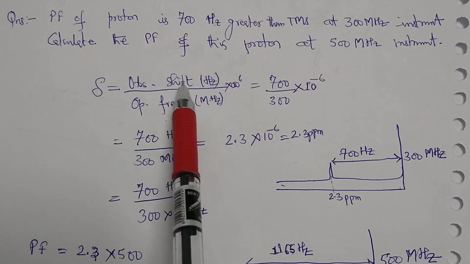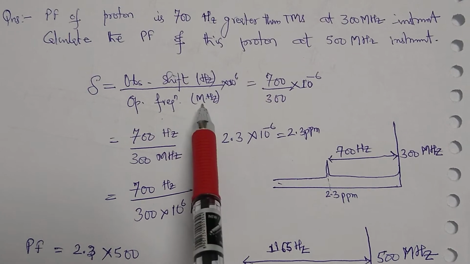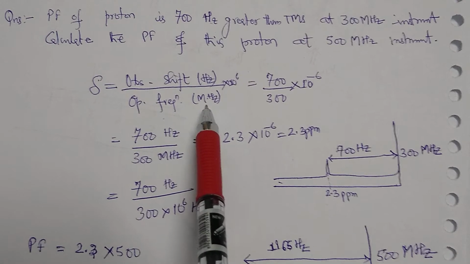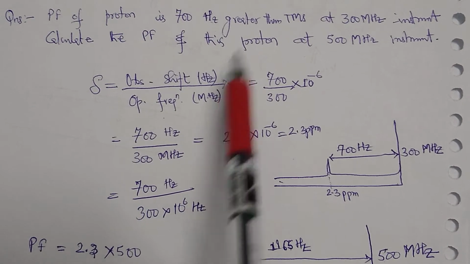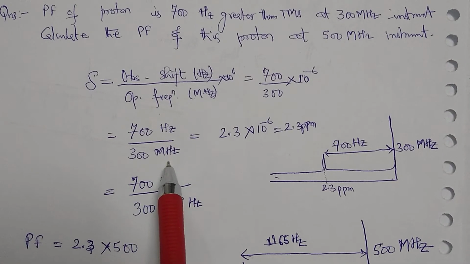So the observed shift will be 700 Hz and the operating frequency will be 300 MHz, which can be written down like this.